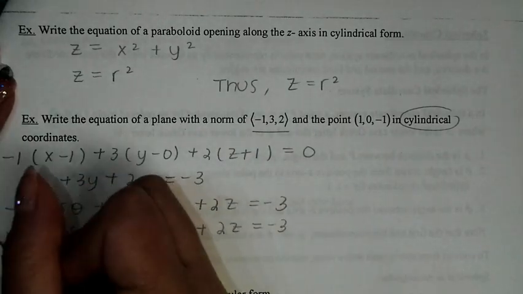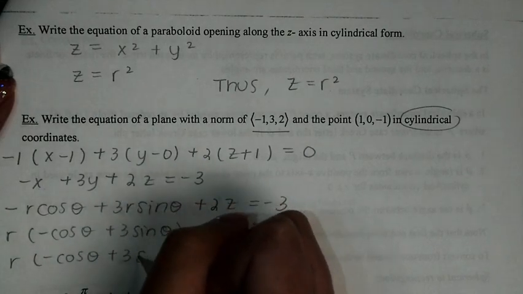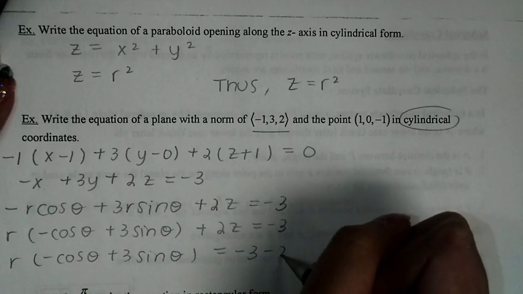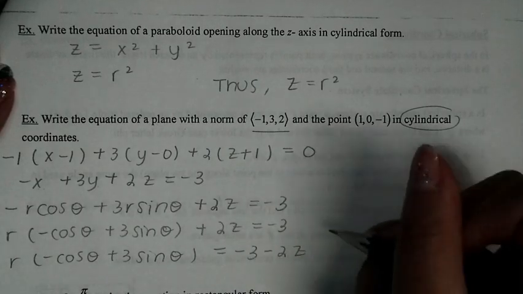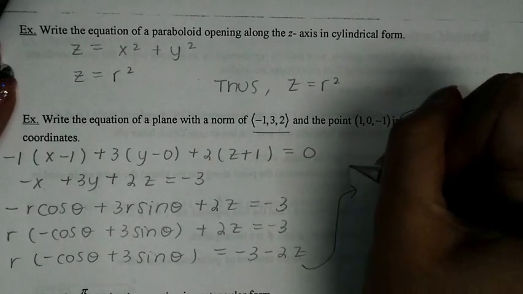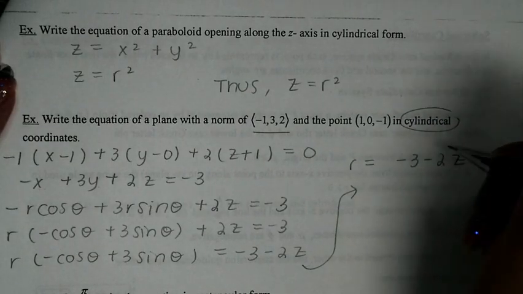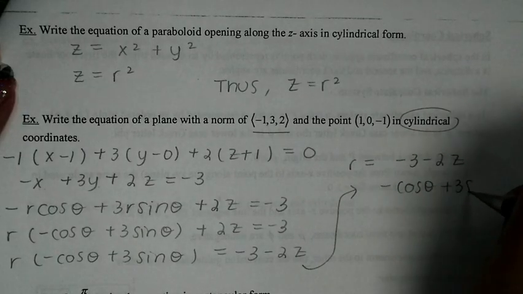You can even move it to the other side, so you have a situation like this. Let me do it so you can see how clean this one is. This is going to be -3 minus 2z, and then you pass this dividing. Do you agree with that? So your r is going to be equal to -3 minus 2z divided by negative cos theta plus 3 sine theta.